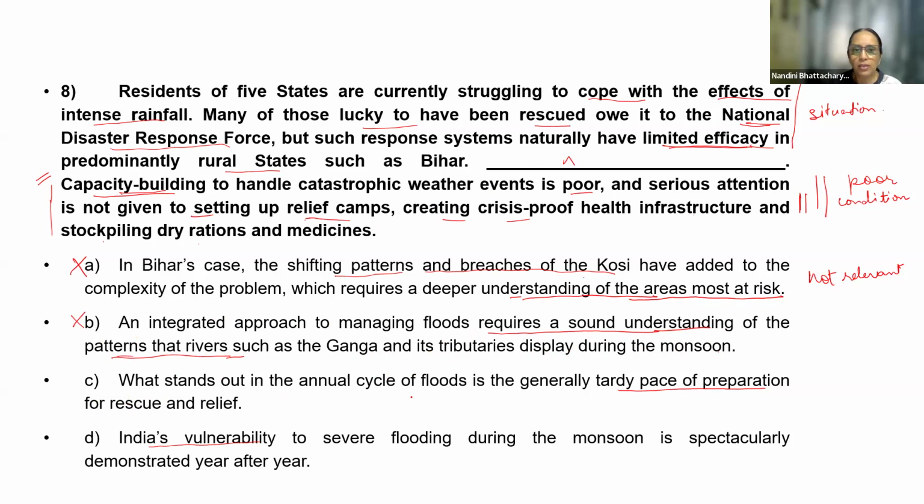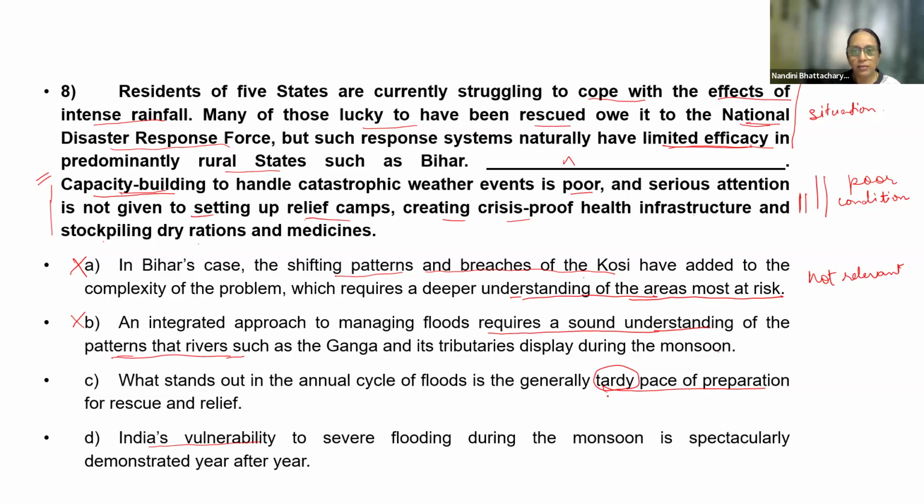What stands out in the annual cycle of floods is generally the tardy pace of preparation for rescue and relief. So tardy pace of preparation. What does tardy mean? Slow, slack, something of that sort.